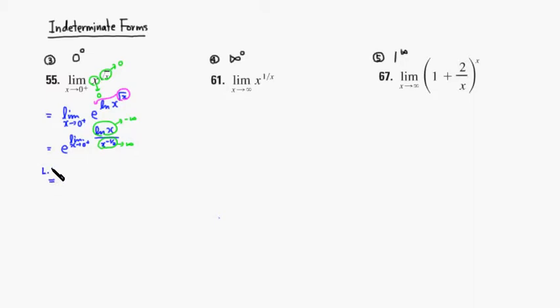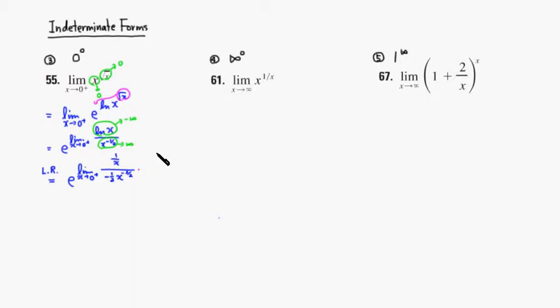By applying L'Hopital's rule, we have e to the limit as x approaches 0 from the right hand side. The derivative of the natural log is 1 over x, and the derivative of x to the negative 1/2 power is negative 1/2 in front, x to the negative 3/2 power. We can clean this up a little bit.